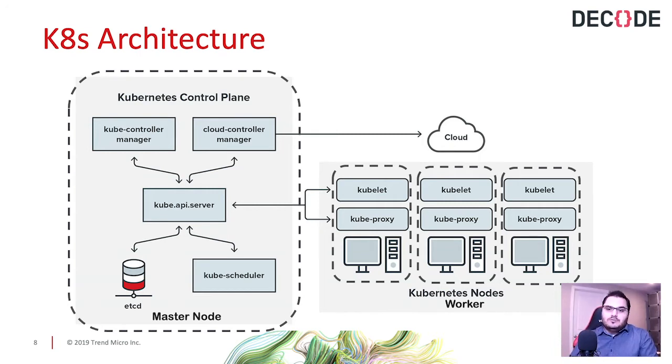We're going to go into the pod definition itself on the next slide. And you have the Cloud Controller Manager that interacts with the cloud providers, managing resources such as load balancers and disk volumes, right? So this is the master node. It's also known as the control plane.